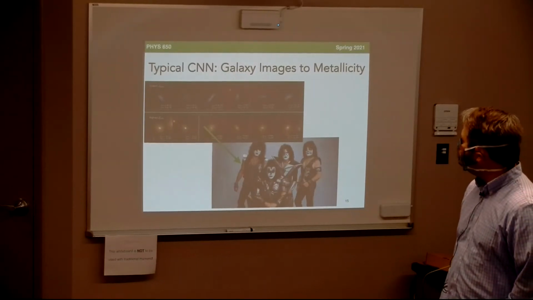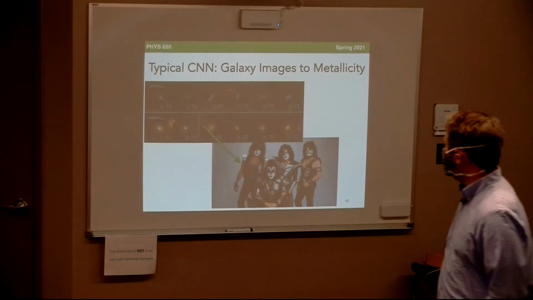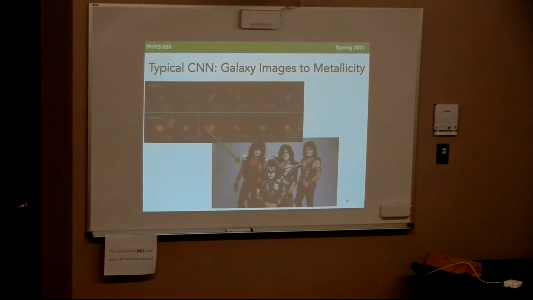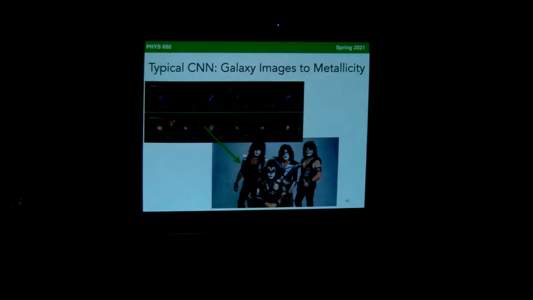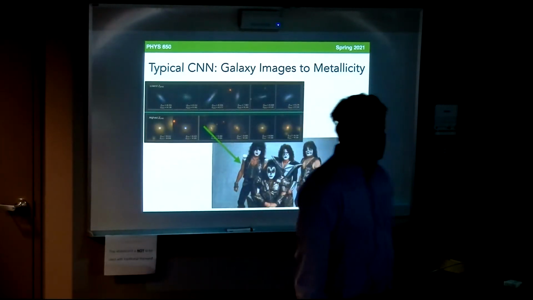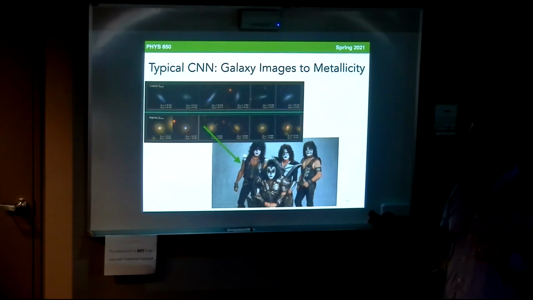So first one, a typical convolutional neural network on galaxy images. All right, so you can't see them, so I'll do the same thing. I know that I'm going to put somebody to sleep in the dark room, but there we go. You have these images of galaxies from the Digital Sky Survey, the first digital picture of our entire sky, or a good part of it, and we're turning them into metallicity.